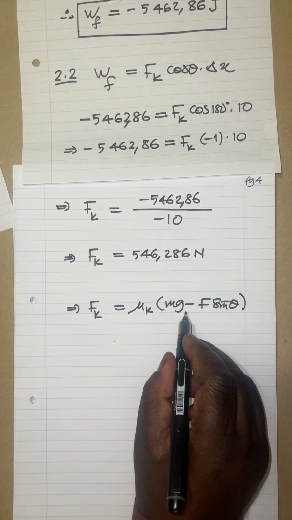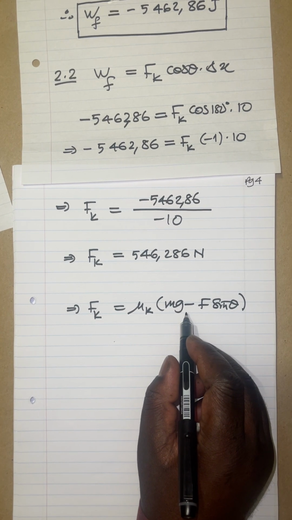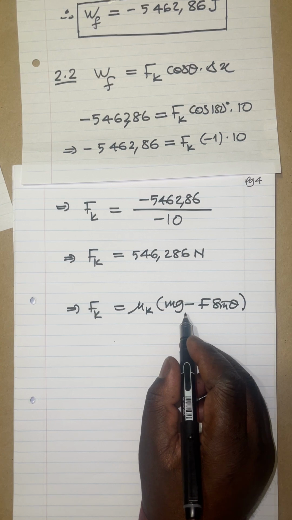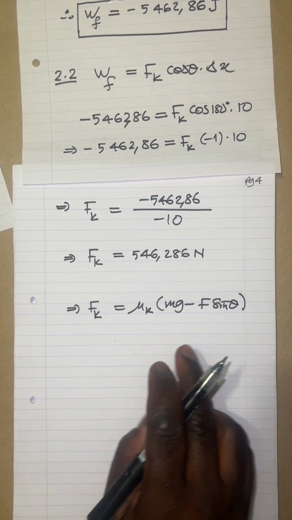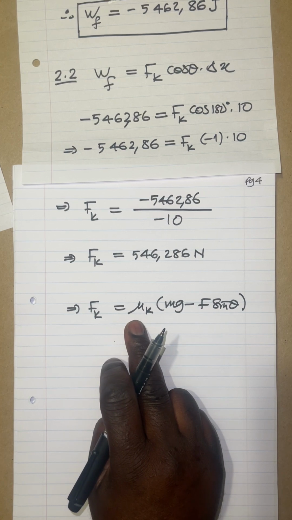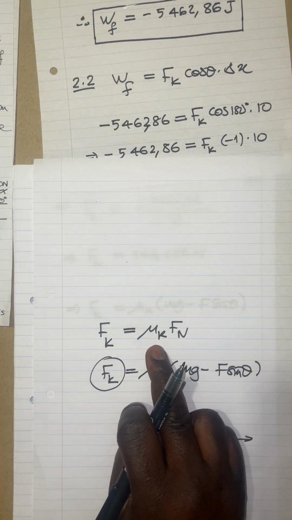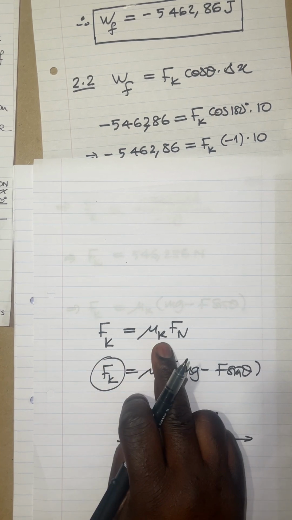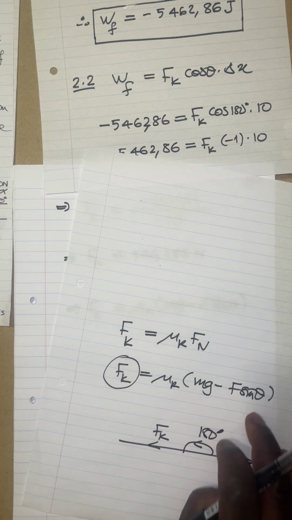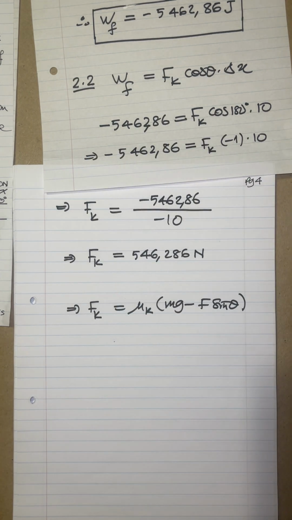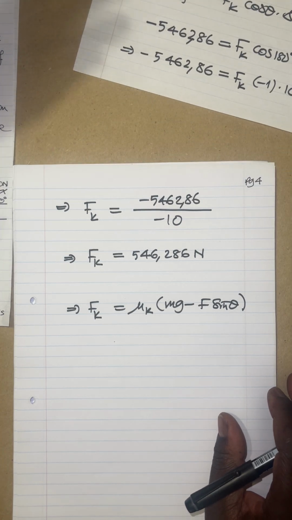You have a minus here when an object is being dragged at any angle, 0 or whatever, as long as the object is being dragged. This is the formula for the normal force. Remember, frictional force is kinetic frictional force, equal to the coefficient of kinetic friction times the normal force. And for an object being dragged, the normal force is mg minus f sine of the angle between the applied force and the direction of motion.